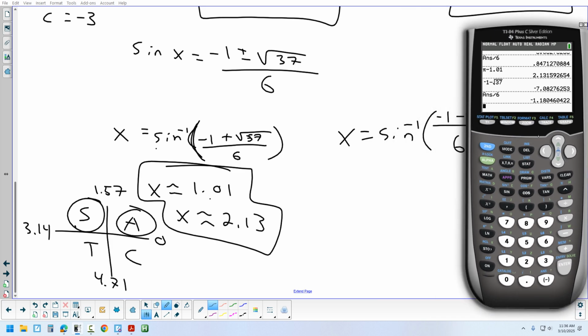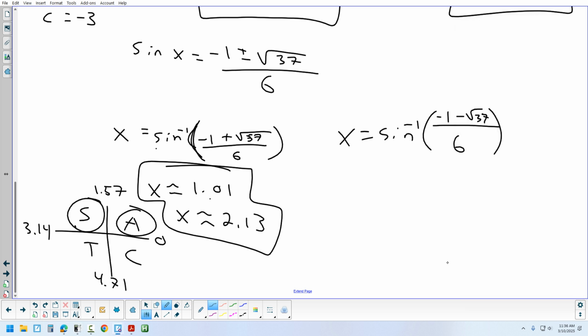I now need to take the inverse sine of that number. We won't be able to. Why not? Because it's over negative 1. That's not between negative 1 and 1. So when you try to do that, there's no answer. So we don't have to worry about anything else there. So those are my only two answers.